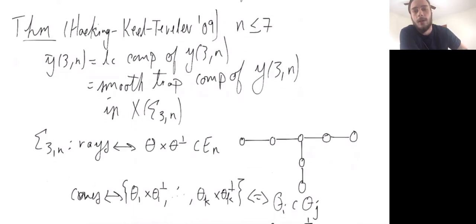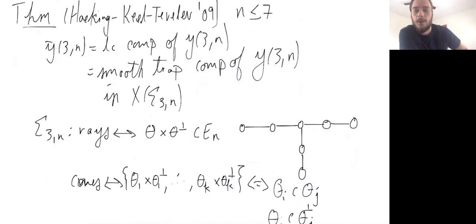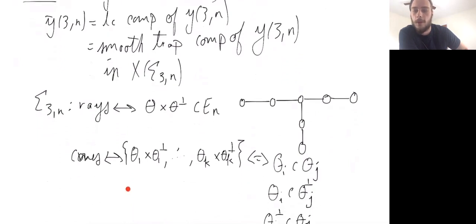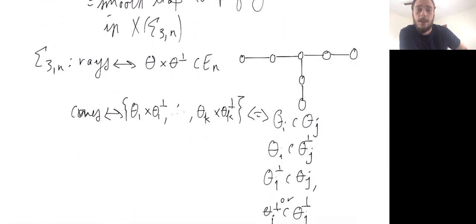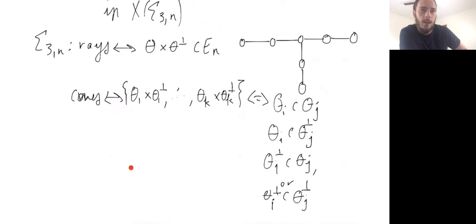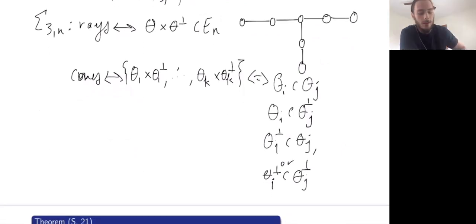They do this for n less than or equal to 7, but I think that it probably works for the remaining case, n equal to 8, as well.